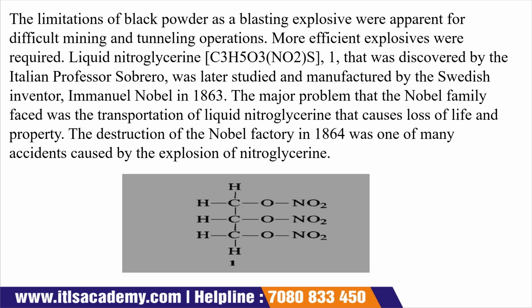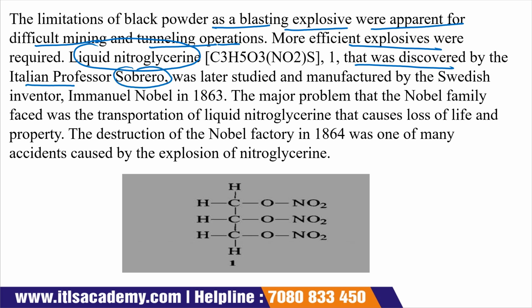Then the limitation of black powder as a blasting explosive became apparent for difficult mining and tunneling operations. More efficient explosives were required. In that case, liquid nitroglycerine, discovered by the Italian professor Sobrero, was later studied and manufactured by the Swedish inventor Immanuel Nobel in 1863.